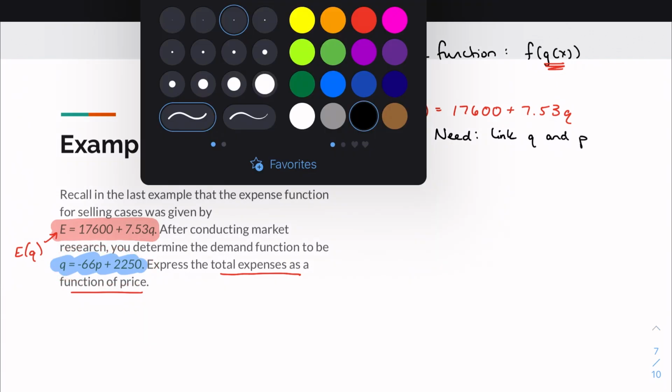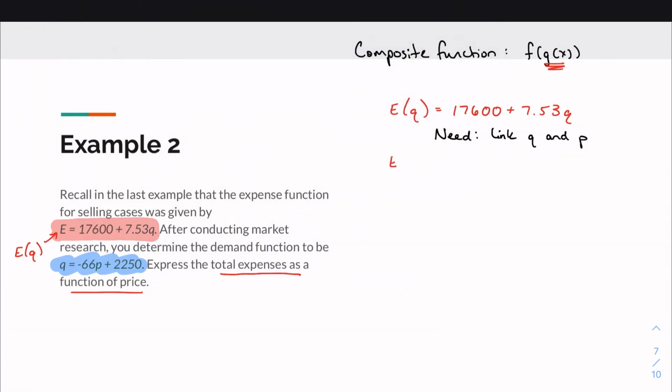That's where this demand function comes into play. So in order to turn my expense function into a function of price, I'm going to substitute in my demand function, my Q of P, where I see a Q. Right, we're going to compose these two functions in order to re-express my function in terms of a new variable.